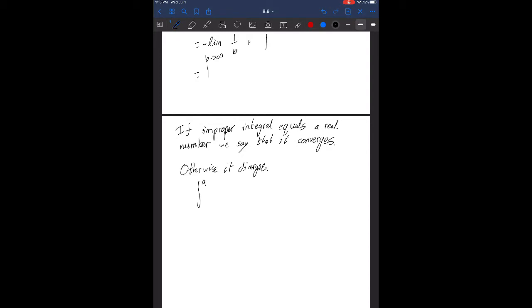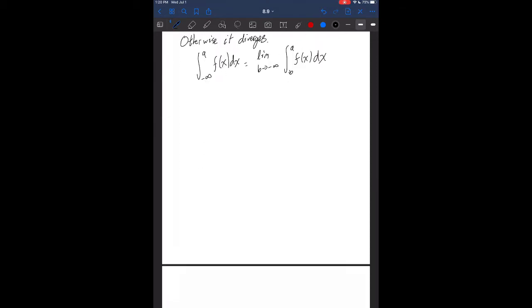So we're going to define the integral from negative infinity to a of f of x dx as the limit as b goes to negative infinity now of the integral from b to a of f of x dx.